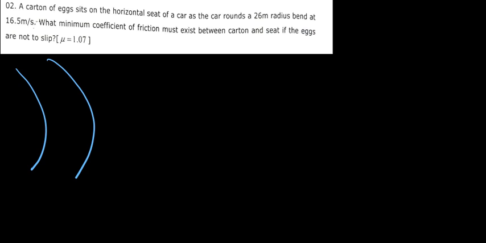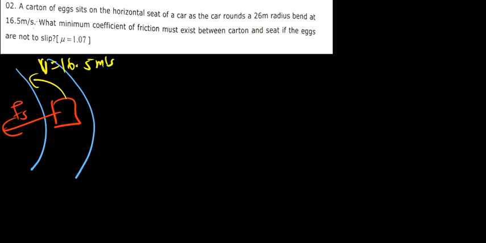So here is the carton of, I'll say this is the car, because the carton of the eggs was inside the car. So the friction force will be directed there. Since it was moving in that manner, you can say that the velocity v is equal to 16.5 meters per second.